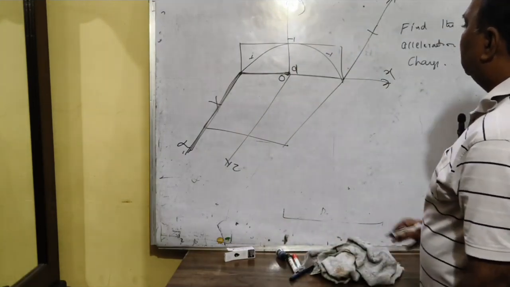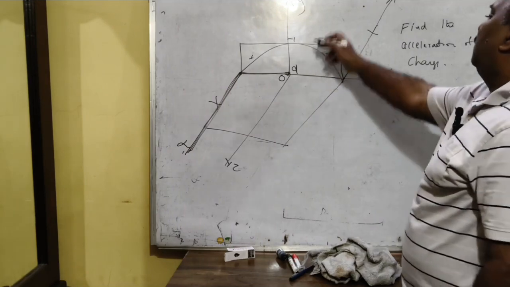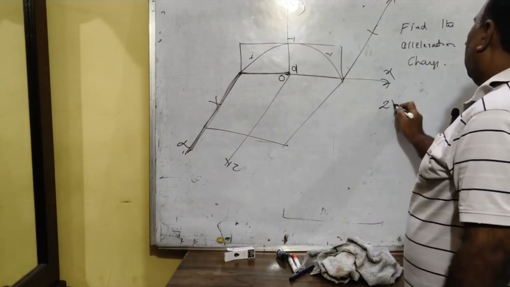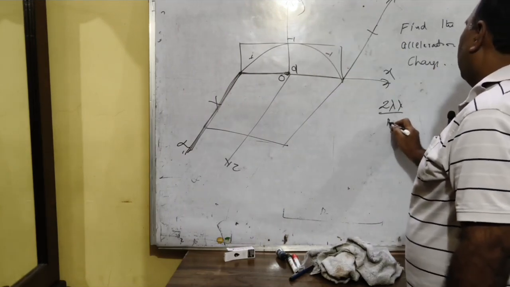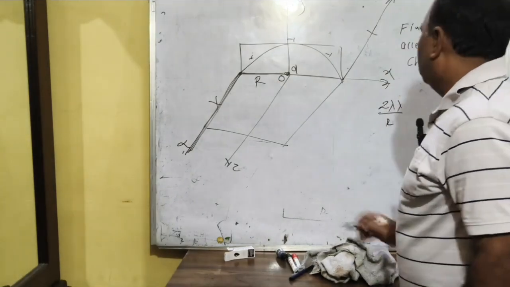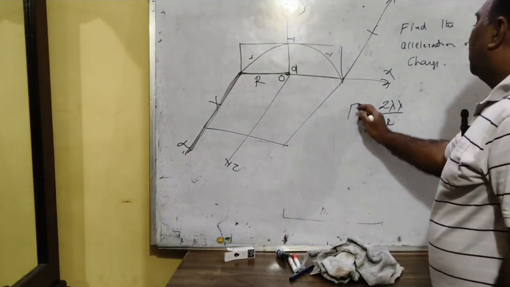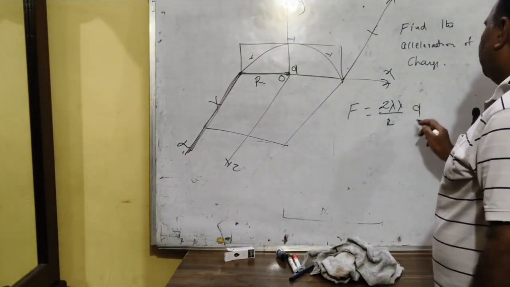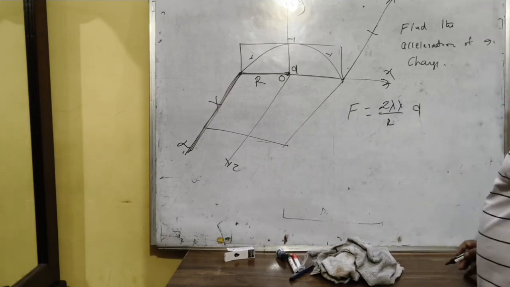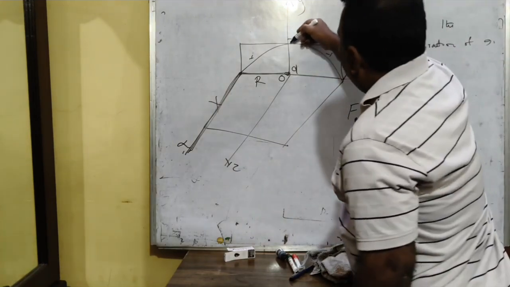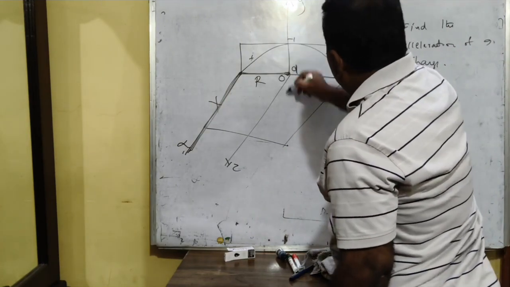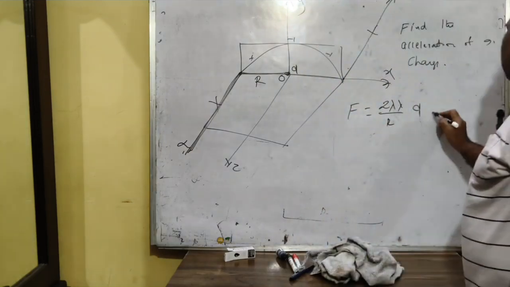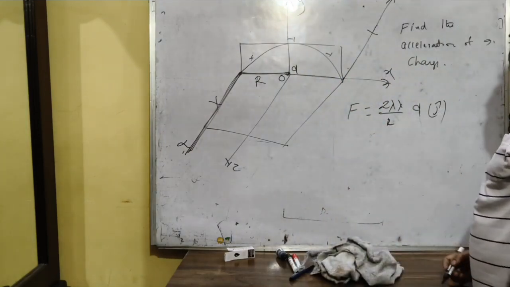Only that due to the single semicircular wire, which we already know is 2k lambda by r, where let the radius of this wire be r. This is the electrical field. What is the force acting? E into Q. In which direction? Toward the center. Due to this wire, toward the center means along the negative y-axis.